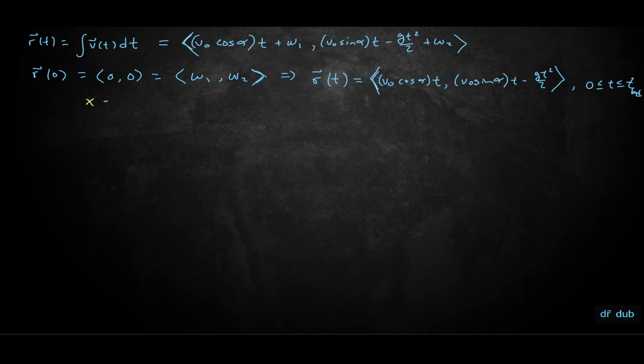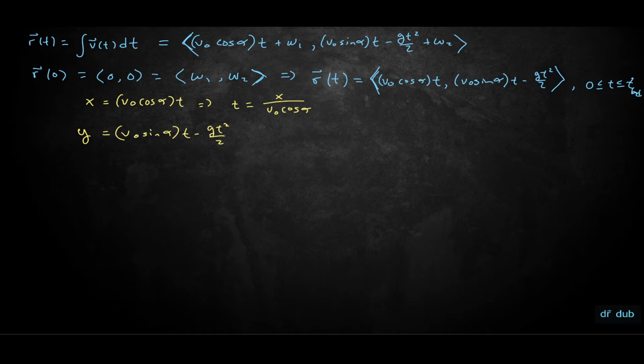So x is equal to v0 cosine alpha times t, which would mean that t we could write as x over v0 cosine alpha, and y would be equal to v0 sine alpha times t minus gt squared over 2.